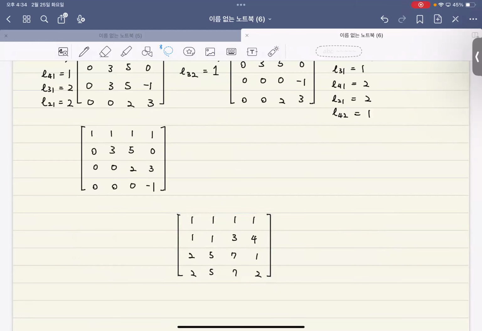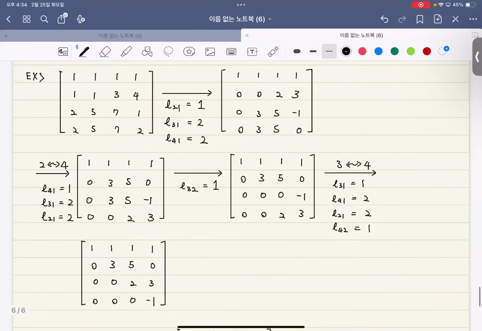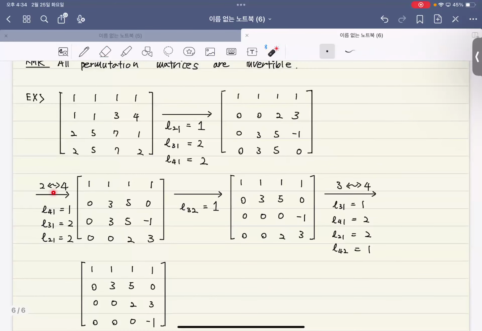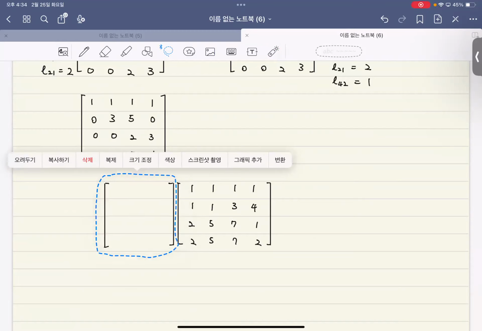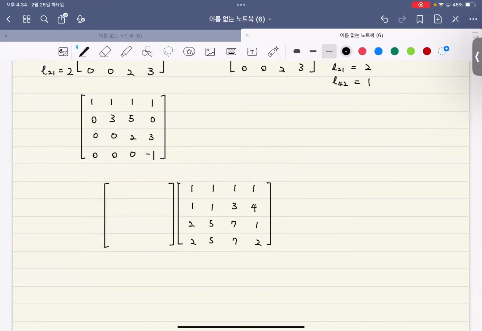And I have applied 2 permutations. The first one is to exchange number 2 and number 4. So number 2 and number 4.